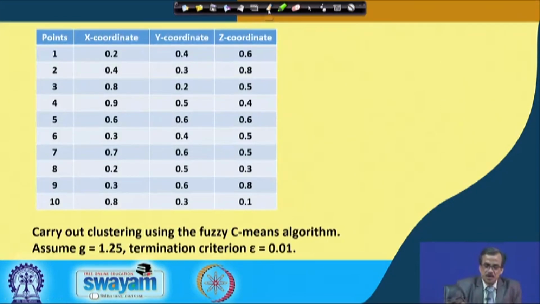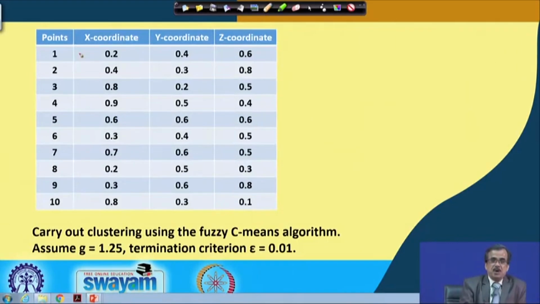Now, as I told you, we have considered only 10 points for simplicity, so that I can show you the hand calculation. But truly speaking, on the surface you will have to generate a large number of points, like 1000 points, 10,000 points, something like this. But for this numerical example I have just considered 10 points selected at random, and these points are lying on the free-form surface.